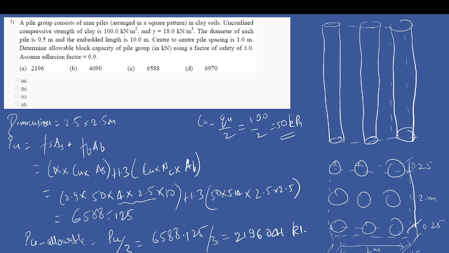Okay, so this is your capacity. So the correct answer is option A, 2196 kN. So are you clear with this? Yes, sir. Okay, then let's move to question number 8.